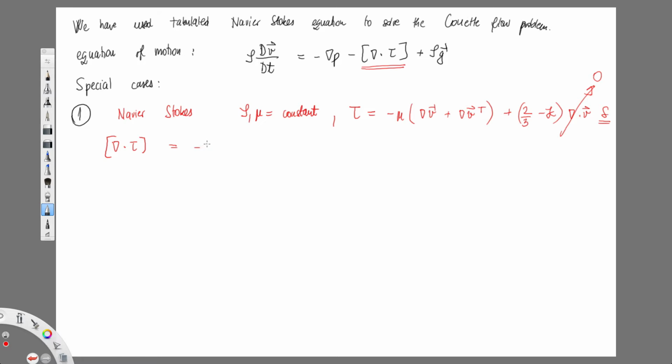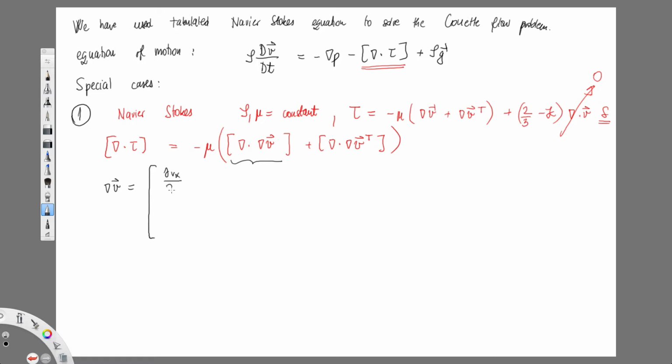So brackets indicate the vector. That is minus mu, divergence of the Jacobian of velocity, plus divergence of that same thing transposed. Okay. So what is this term? What is actually the gradient of velocity? Let's write it down.